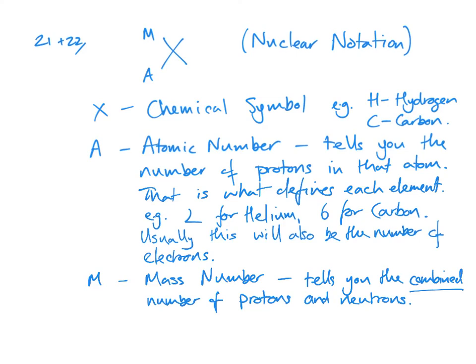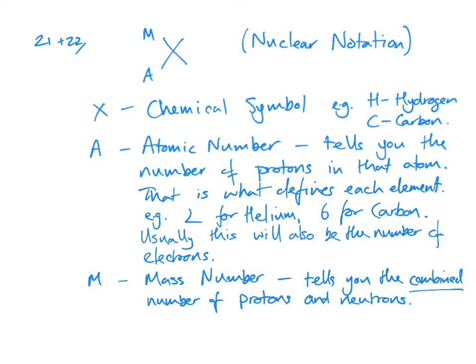Remember I said the atomic number defines the element. It tells you which element it is. You can get more than one type of the same element, what are called isotopes, which means they have different mass numbers. They've got the same number of protons, but a different number of neutrons.